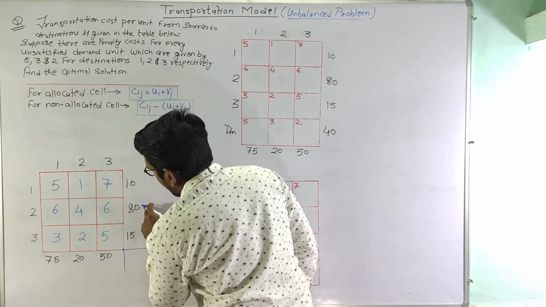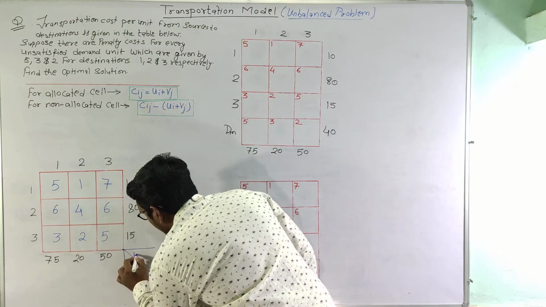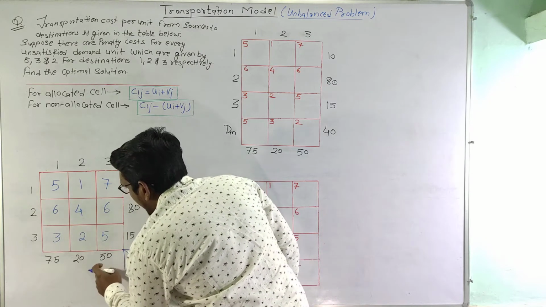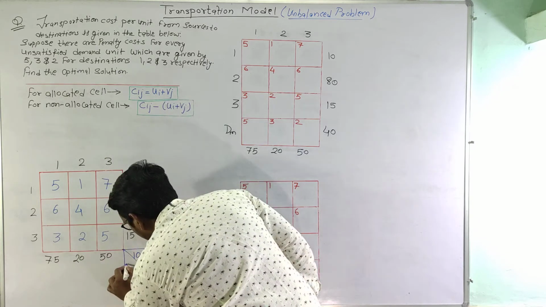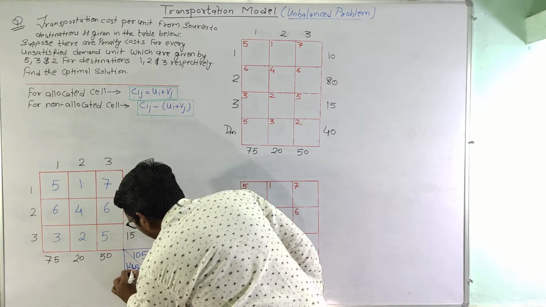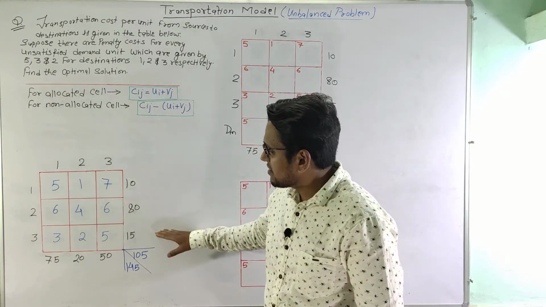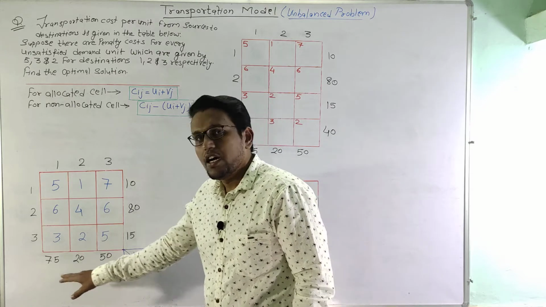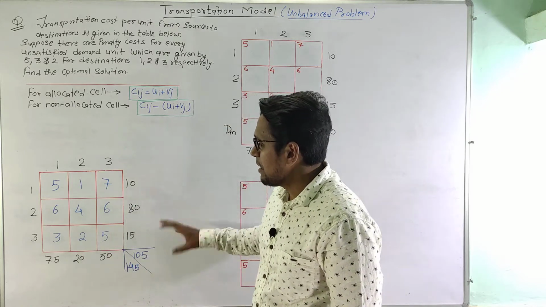This is 80, 90, this equals 105, 105, and this is 25, 125, 145, 145. So as we can see here, the supply is less than the demand. So this is an unbalanced problem and we need to balance the problem.